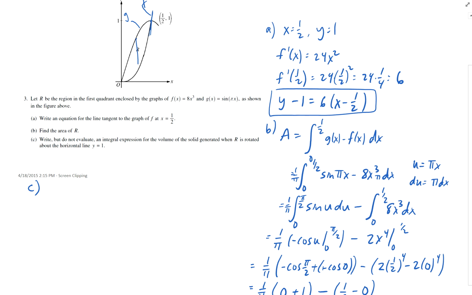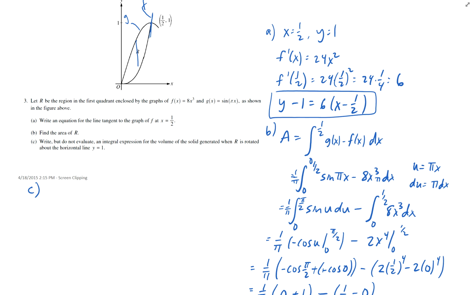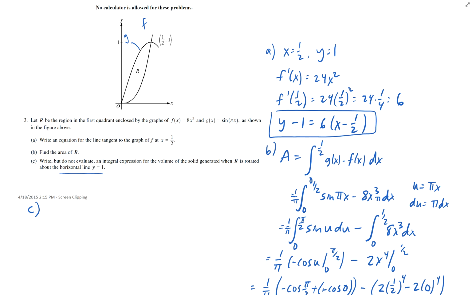Write but do not evaluate an integral expression for the volume of the solid when R is rotated about the horizontal line y equals 1. I'm going to erase some of these.